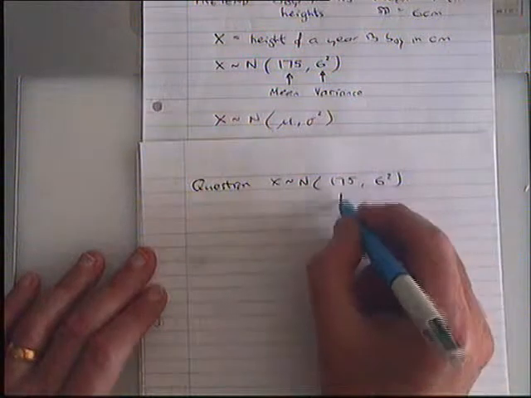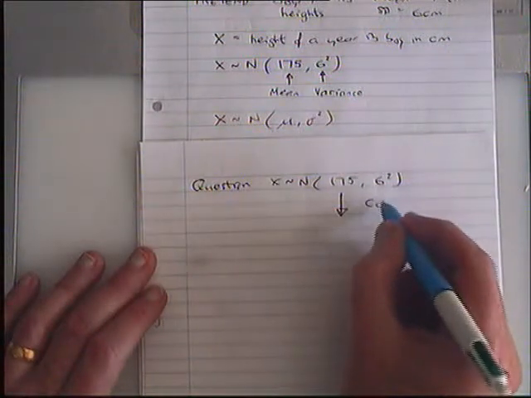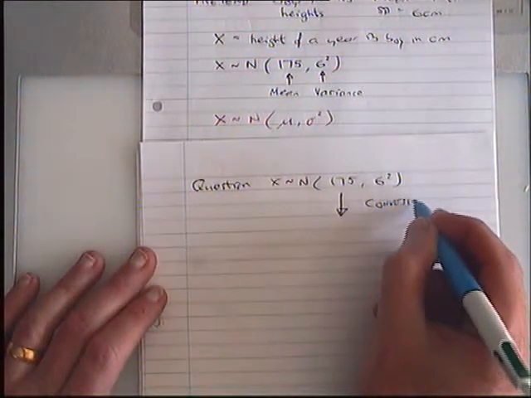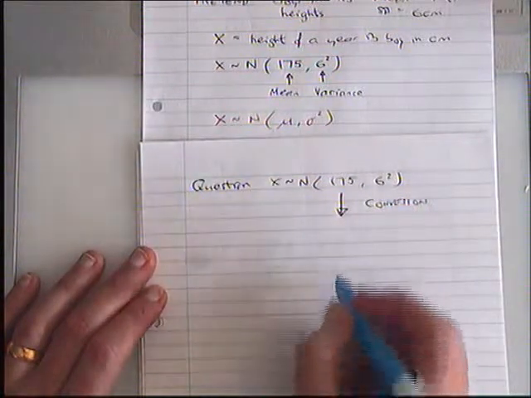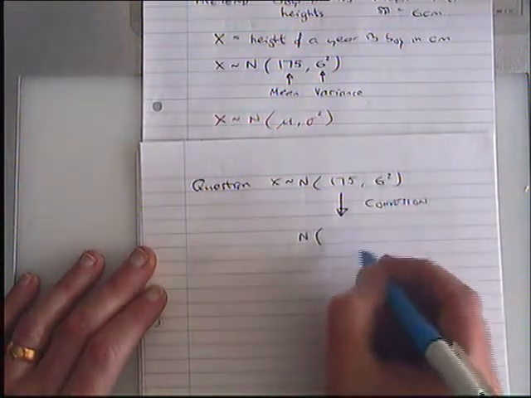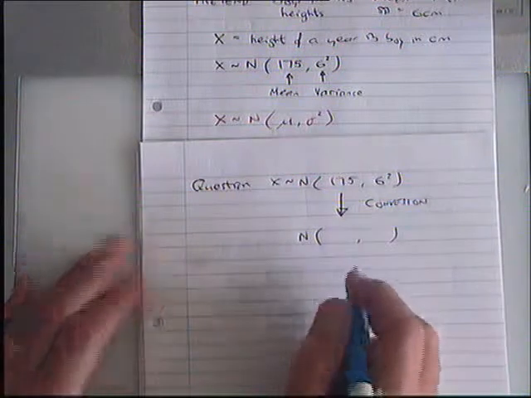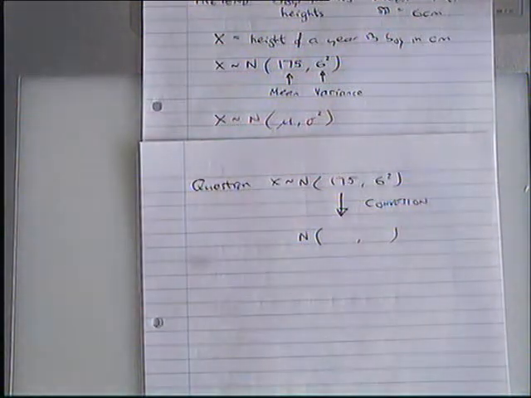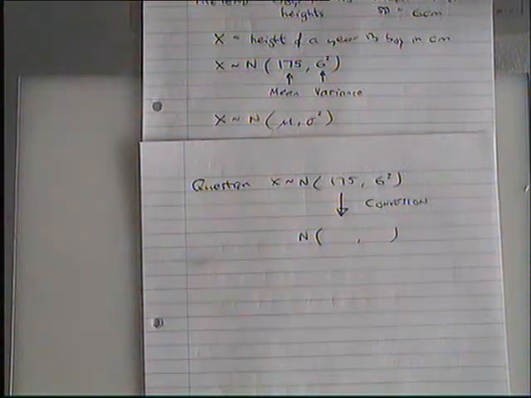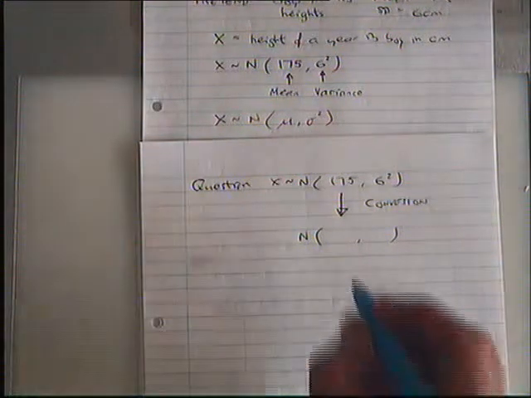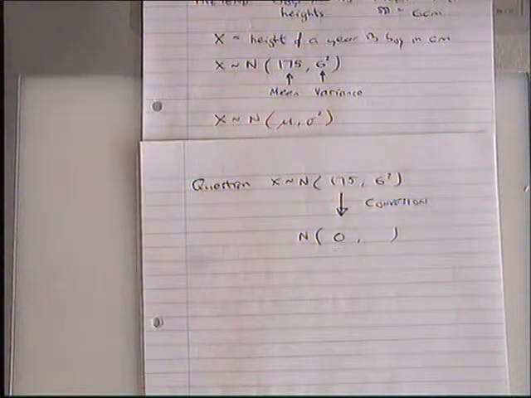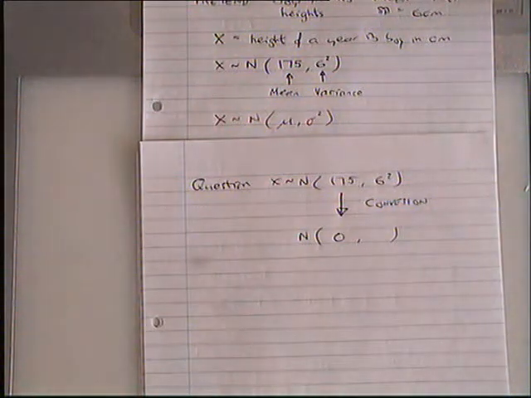We now do a conversion process which changes that to a normal distribution with a mean of, and if you look at the table in front of you, you'll probably work it out, with a mean of 0 and a standard deviation that doesn't actually say on that page.